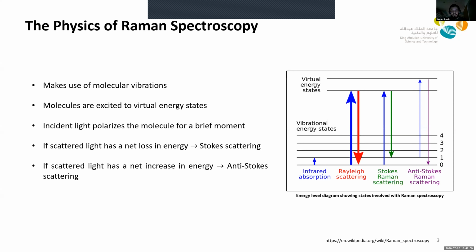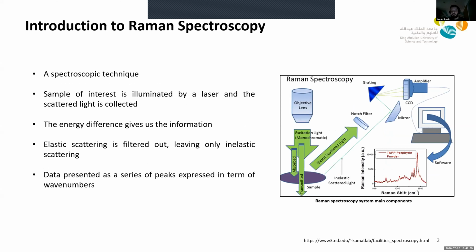In the opposite scenario, if you find a molecule that's already at an excited vibrational state, and you excite it to a virtual energy state, and then it goes back to a lower vibrational energy state, you have a net gain in energy. And that's what we call anti-Stokes-Raman scattering. So based on the amount of energy that has been lost or gained, you obtain these peaks in the Raman spectrum.